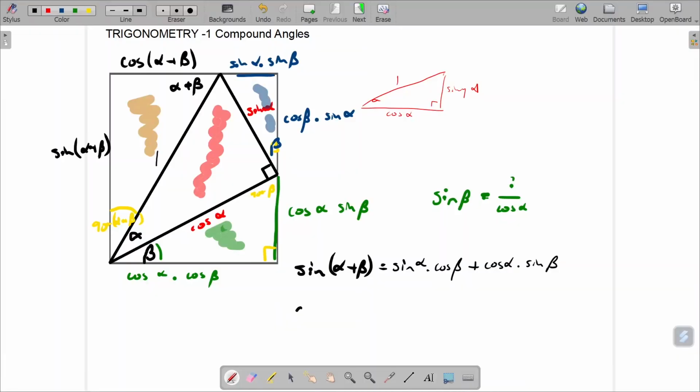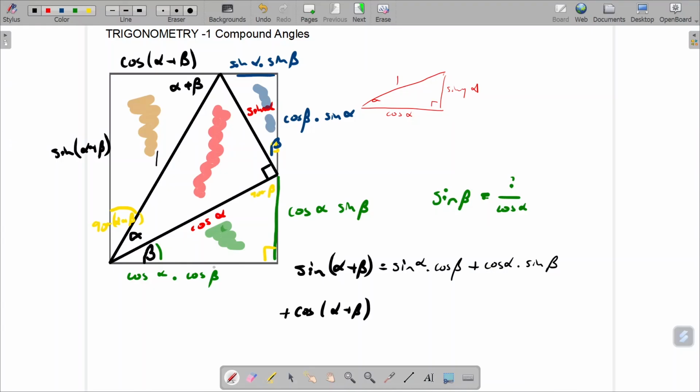Okay, and we get that, therefore, cos of alpha plus beta. Now, hold on, this is a little bit more difficult to understand. Because these sides are equal to each other, I'm going to choose to write it as follows.